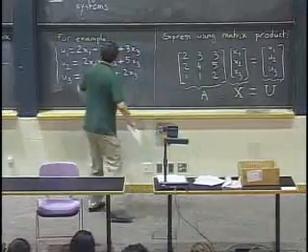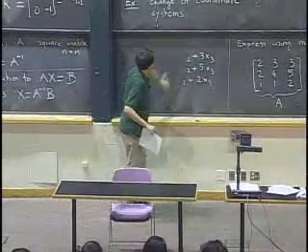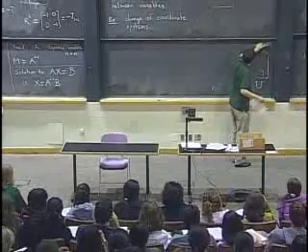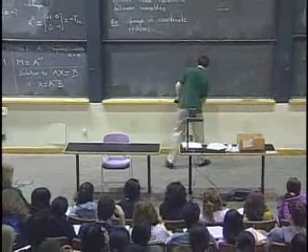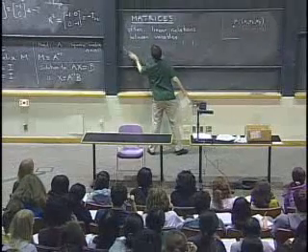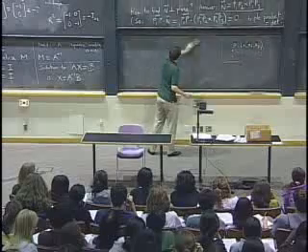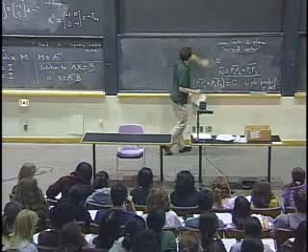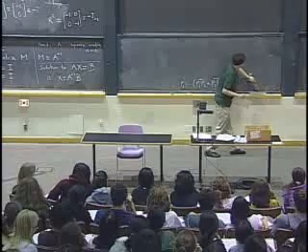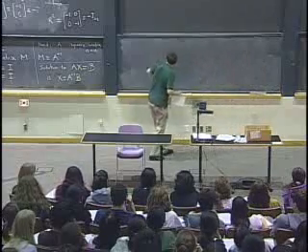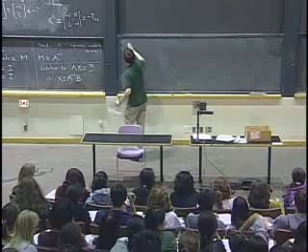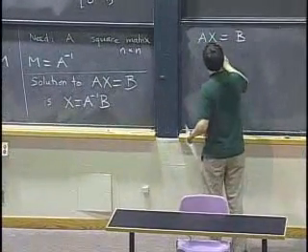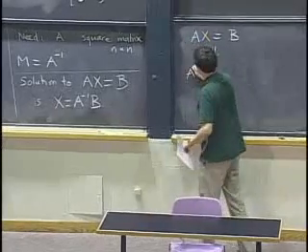Okay, well, I'm going to reuse this matrix, but I'm going to erase it nonetheless. I'll just rewrite it. So I'm saying if AX equals B, then let's multiply both sides by A inverse.